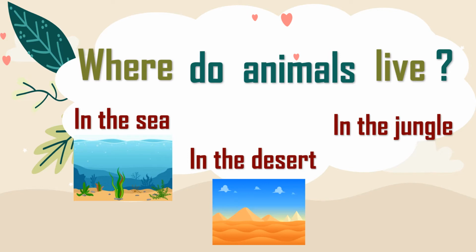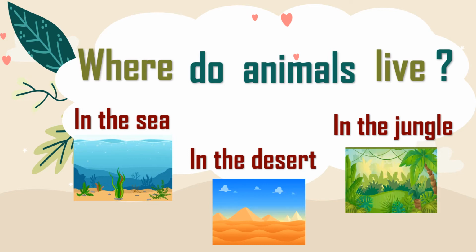So Prime 1, where do animals live? In the sea, in the sea, in the desert, in the desert, in the jungle, in the jungle.